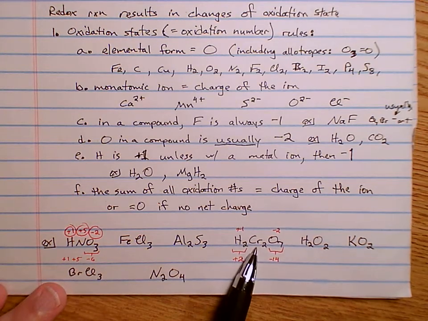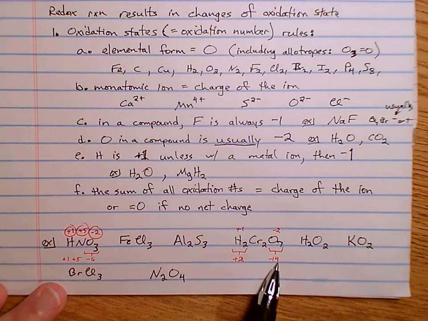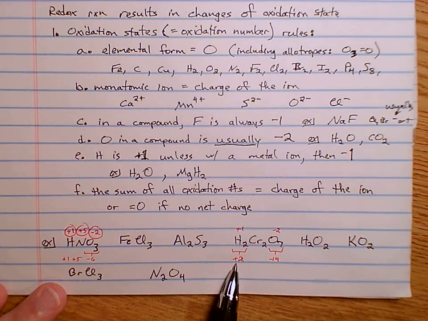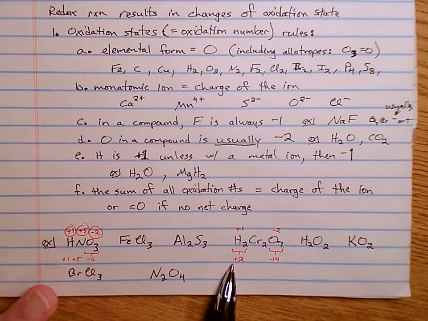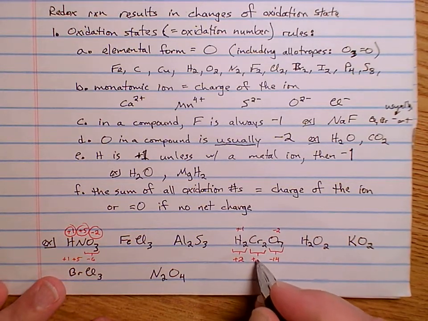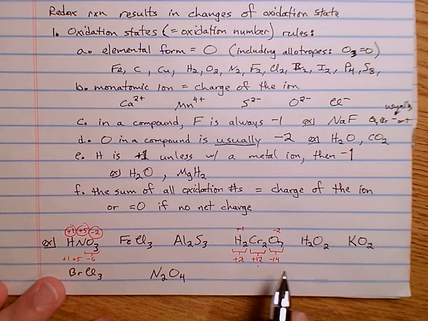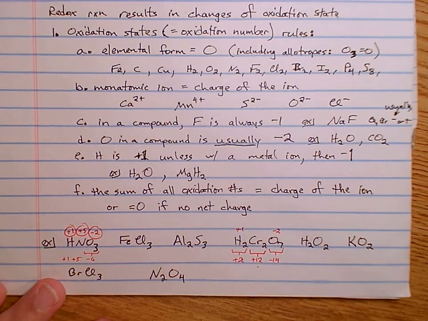So what does each chromium have to be to counteract this to make this neutral? Well, -14 and +2 gives us -12. So those 2 chromiums together must be +12. +12 and +2 is +14, needed to counteract the -14.